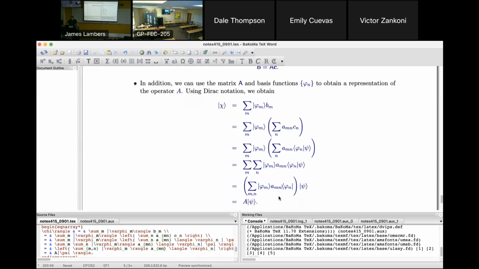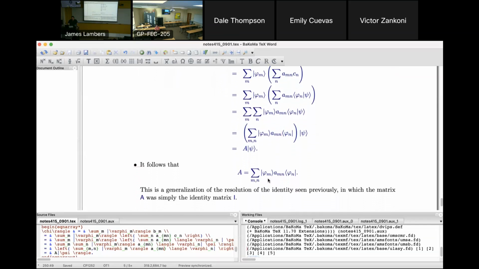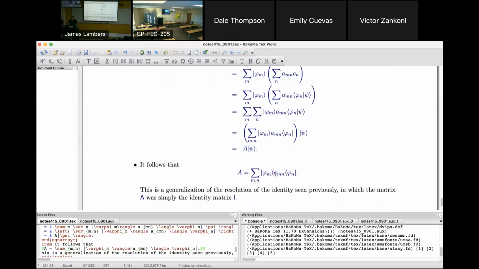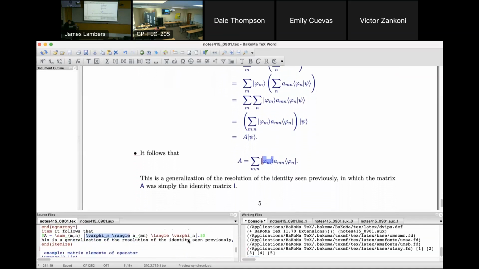This is similar to what we saw earlier, the resolution of the identity. If this A weren't here, and you just had a sum over n of the ket for phi n and the bra for phi n, that turned out to be the identity. Actually, I'll go ahead and fill that in here.